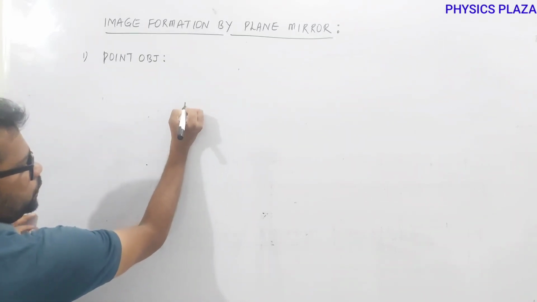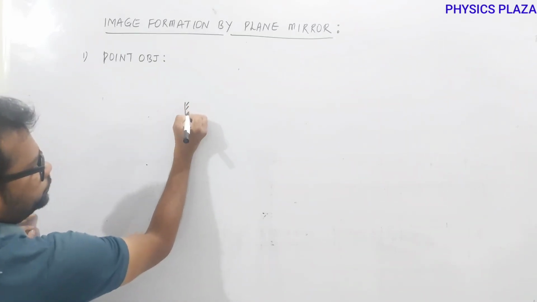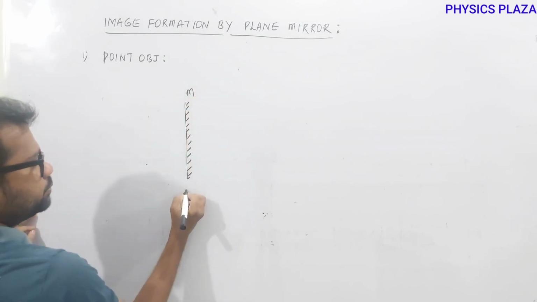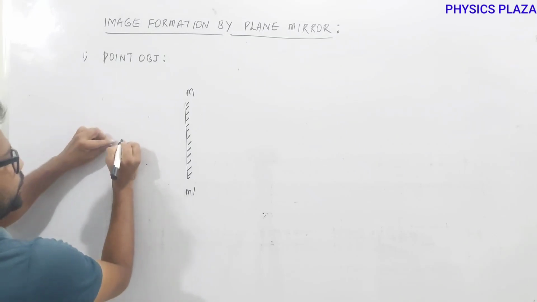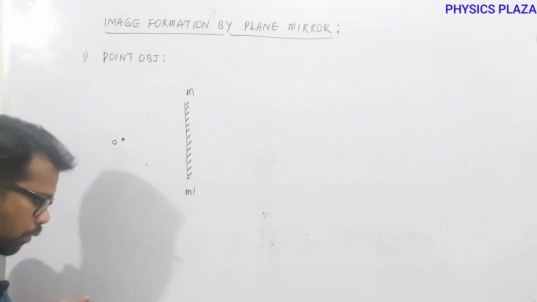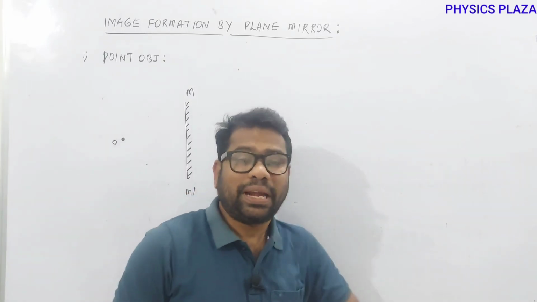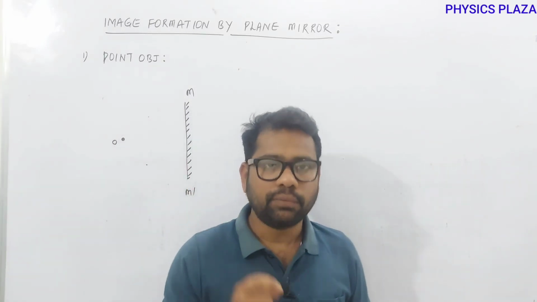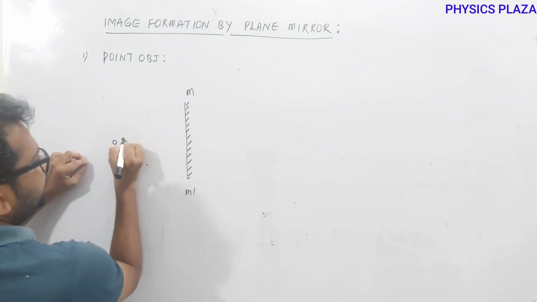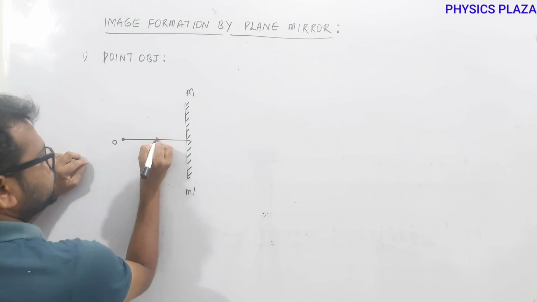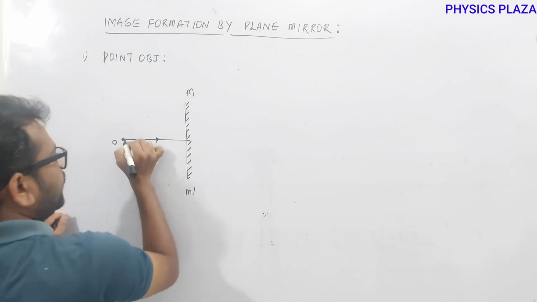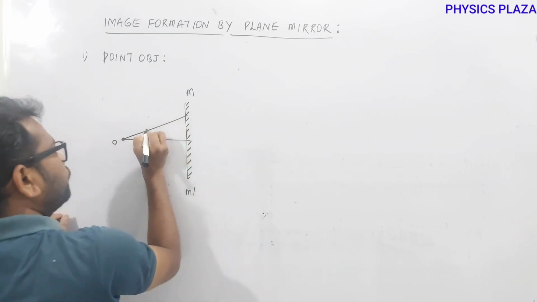Children, so let us take here a plane mirror, let us name it M dash. Let us say this is the point object O. In order to make ray diagrams, the minimum number of light rays required is 2. So from here, let me take one light ray. This is the first incident ray, and let us take one more incident ray.